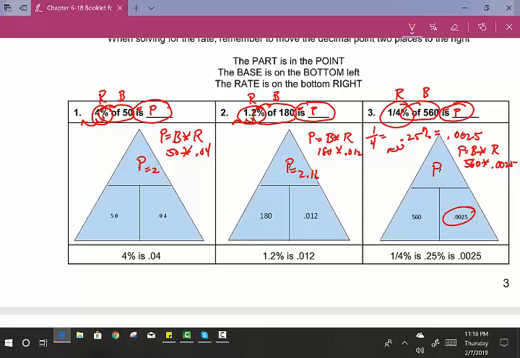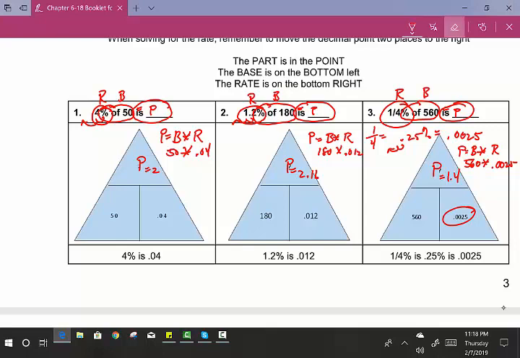Okay, that equals 1.4. So 1/4 of 1% of 560 is equal to 1.4.